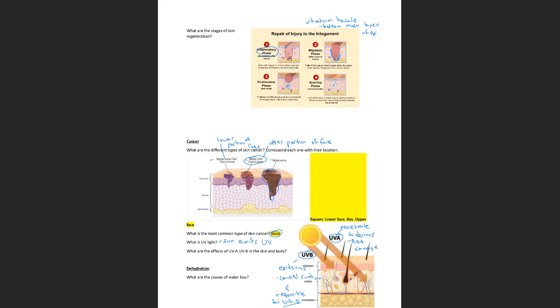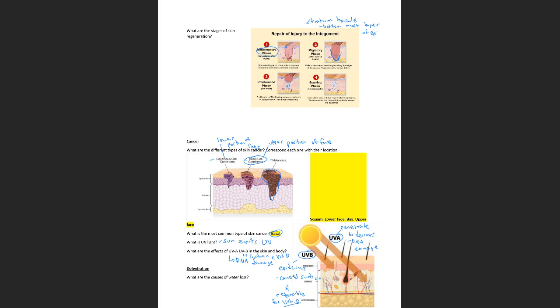The next slide will get into why. So those are the effects of UVA and UVB. UVA usually causes DNA damage just because it's so powerful. It can penetrate down to the second layer of the skin. UVB is less powerful, but it's enough to cause sunburn, and it's responsible for vitamin D production.